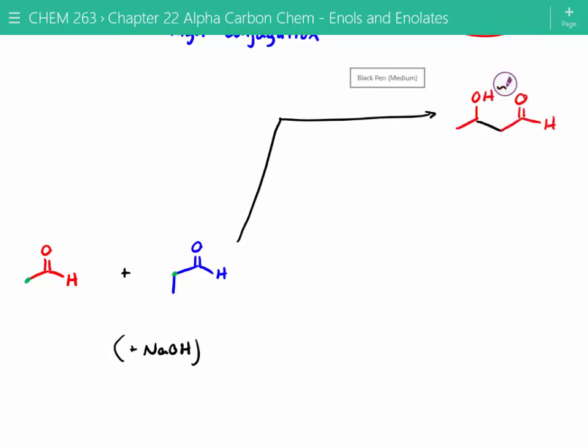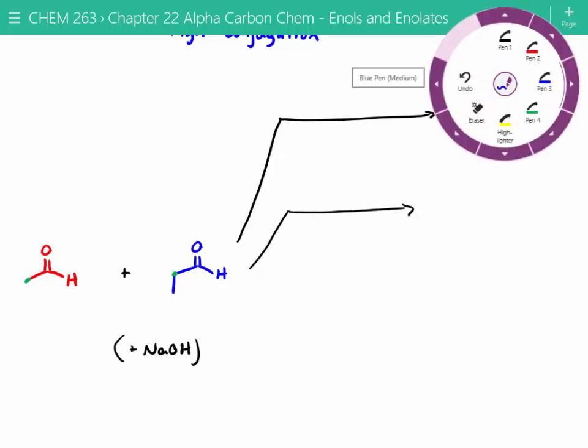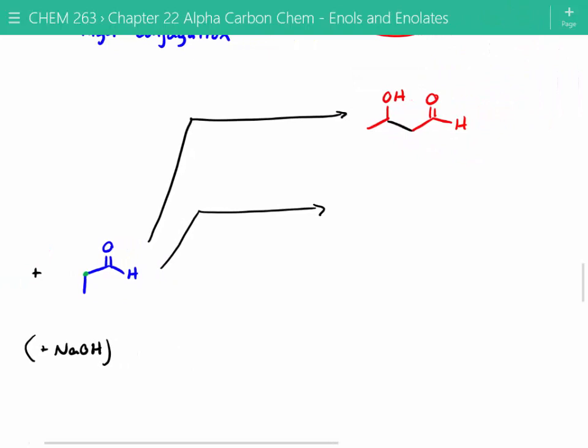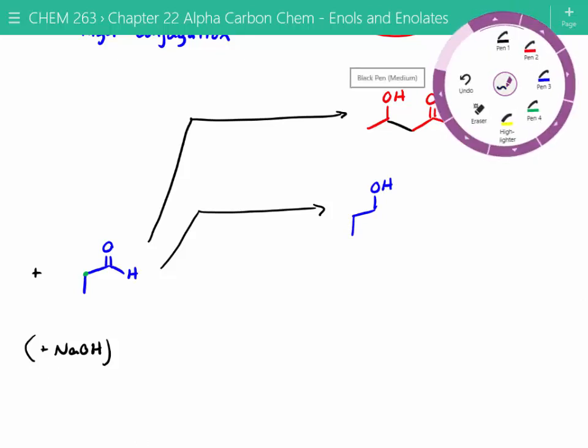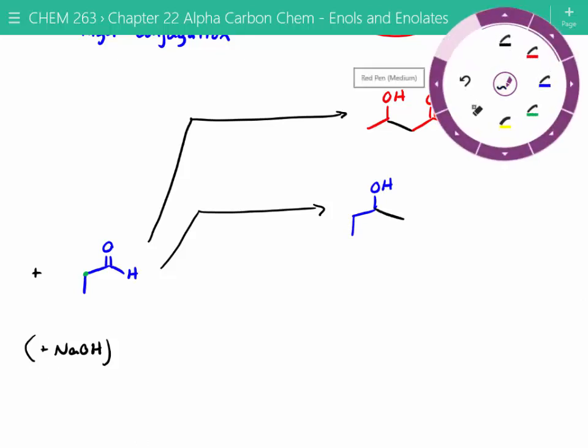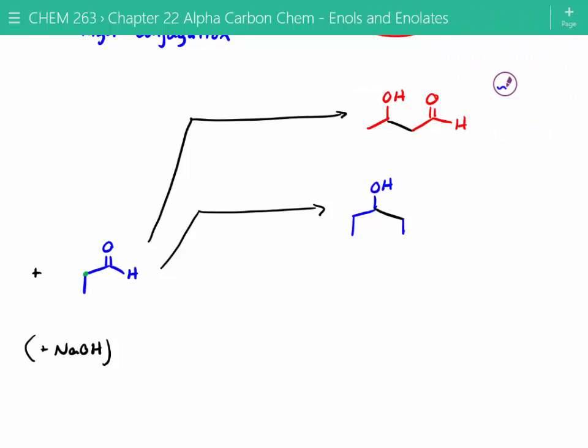And if we do that, we'll get a different product. And if we do this, the product looks slightly different. Right, so we could couple two red aldehydes together or two blue aldehydes together.